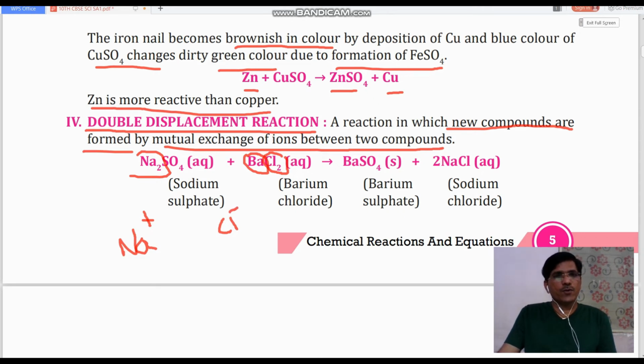Same thing, SO4 valency is 2 minus and barium is Ba2 plus, so BaSO4, barium sulfate, and sodium chloride.